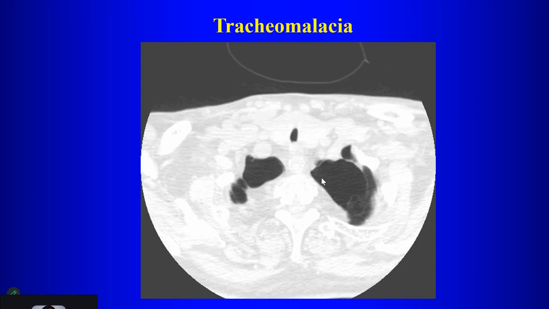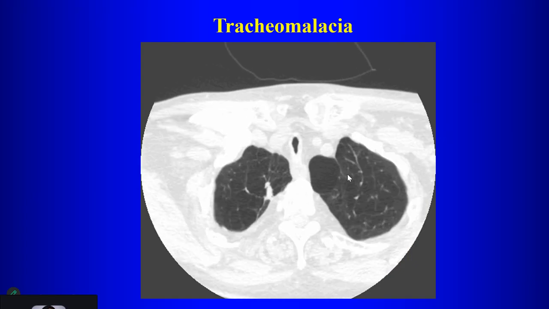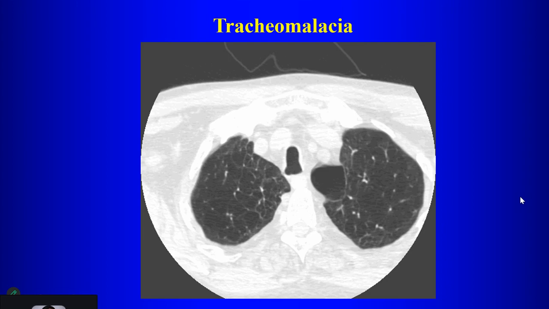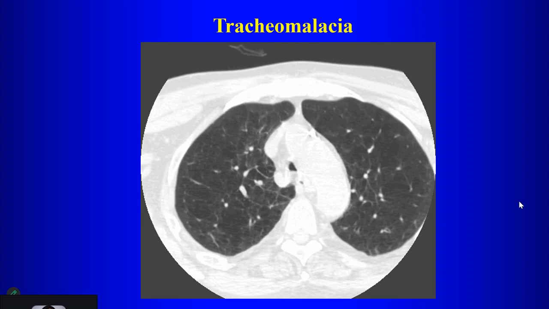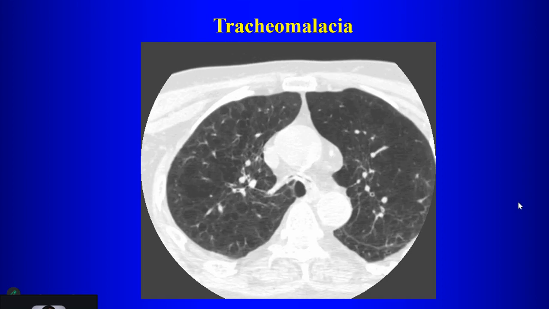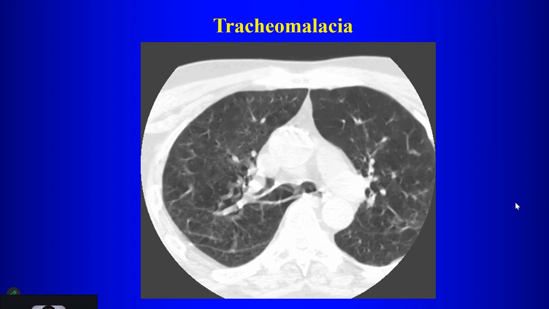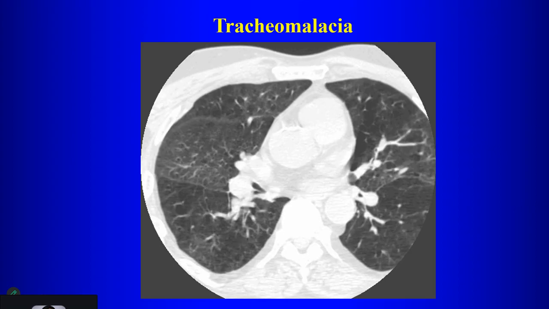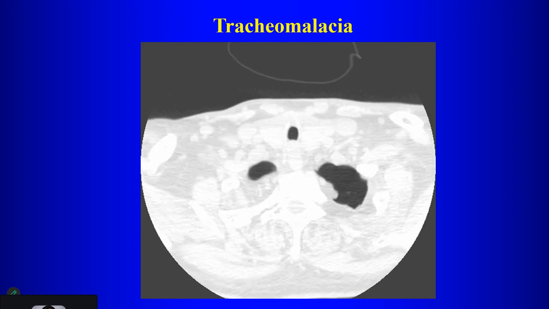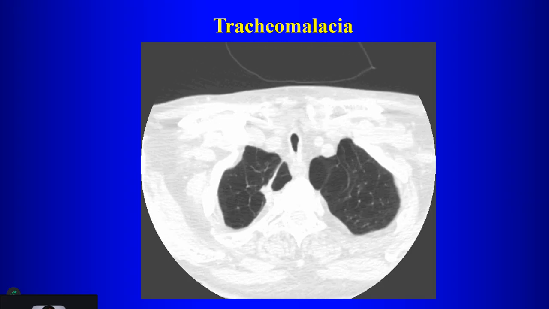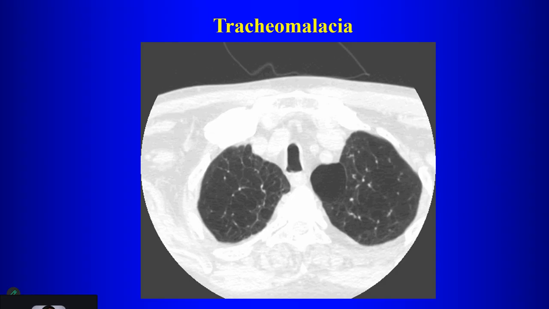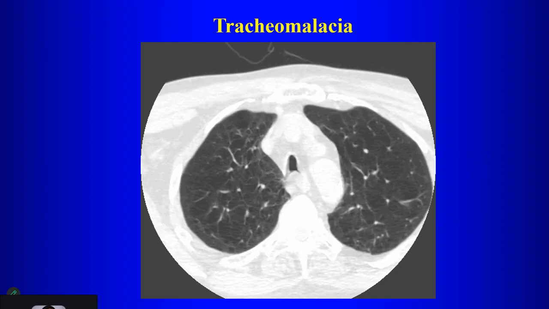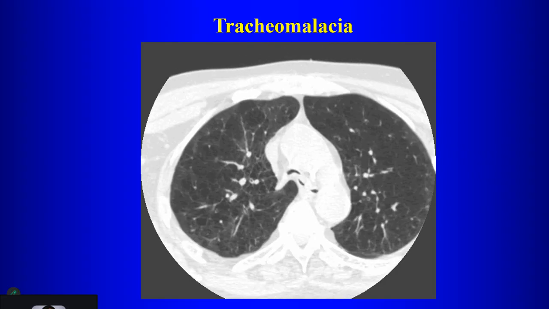With tracheal malacia, here it's diffusely collapsing, right? It's not just the posterior membrane, but the whole airway is collapsing when the patient is doing expiration. That's why, if you get a request where they want to rule out tracheal malacia, how should you do the scan? Expiration. Forced expiration.